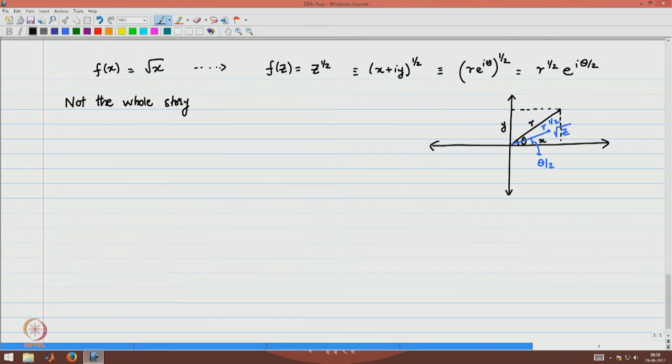Okay. Now why did I say this is not the whole story? Okay, the reason is the following, that usually for a real number, okay, you can have square root of x square equal to plus minus x. Okay, it can be both positive and negative.